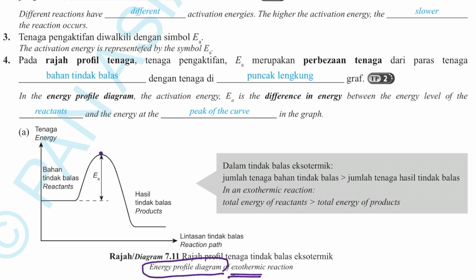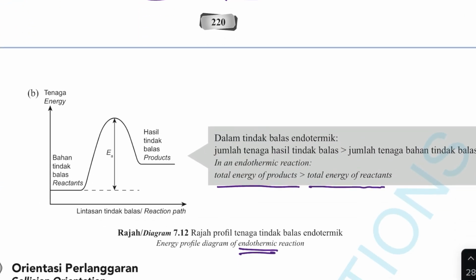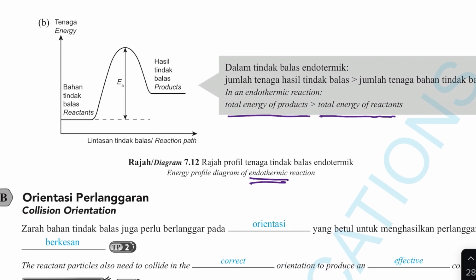In exothermic reaction, total energy of reactant is higher than the total energy of products. So if you draw the energy profile diagram, it will be like this. But for endothermic reaction, the total energy of reactant is lower than the total energy of products. Like this.